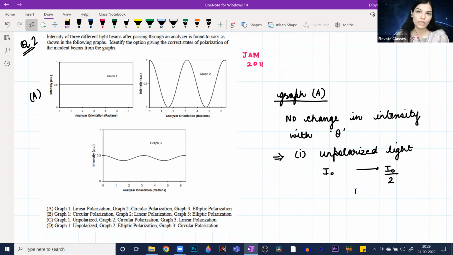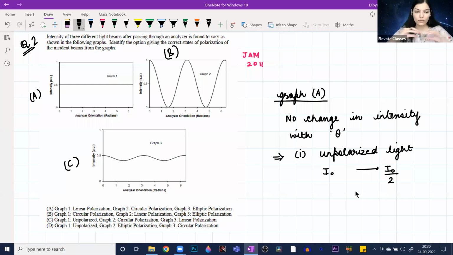true for an elliptically polarized light, because in elliptically polarized light what we get is an ellipse, right? So in an ellipse, as I change the angle, the contribution of Ex and Ey to the orientation is going to slightly vary. It's going to give us something which is shown in graph number C. So if I say this is C and if I say this is B, an elliptically polarized light will have some kind of a small variation because it's like an ellipse.